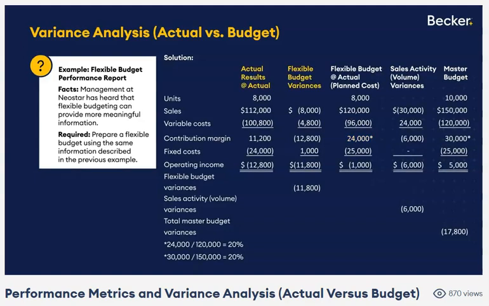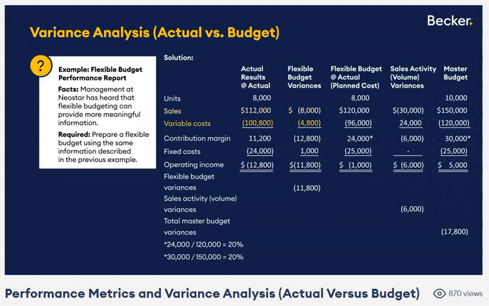Now we could take that flexible budget, which we've corrected for the volume variance, and compare that to the actual results. Our sales are still below what they should have been, even factoring out the volume. Why? Because our selling price per unit was not $15 a unit. With sales of $112,800, dividing by 8,000 units, our selling price per unit was actually only $14 a unit, unfavorable.